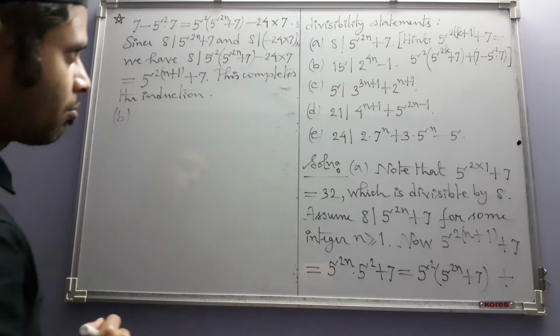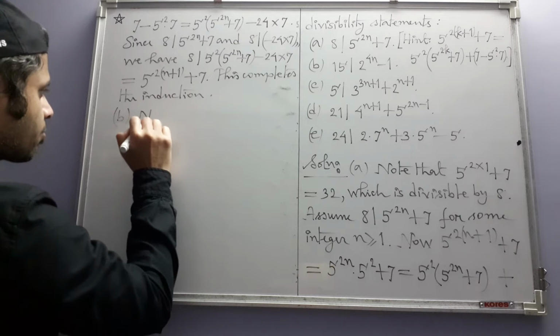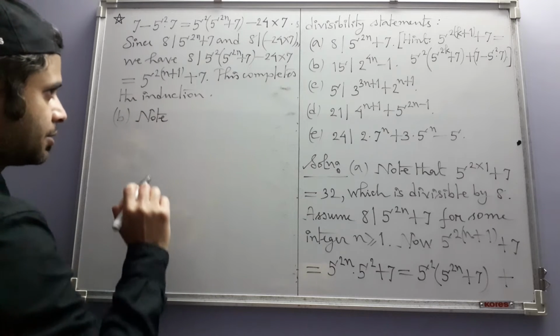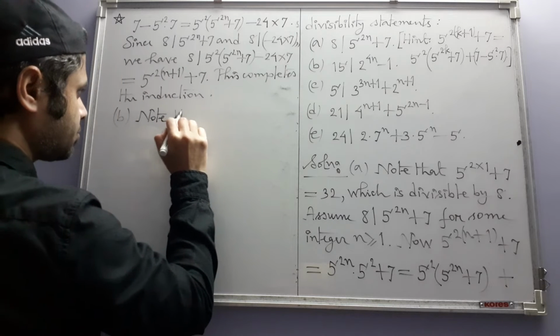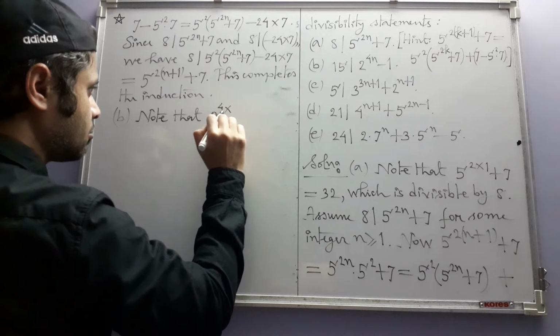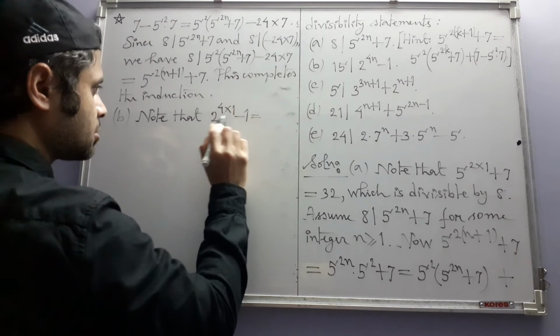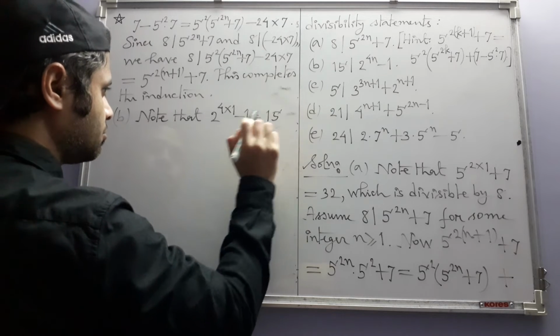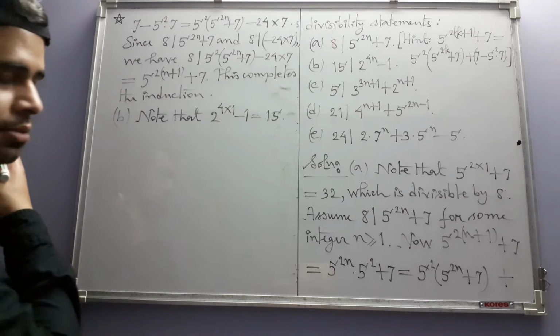Now we move to part B. Same. We first see what happens when we put n equal to 1. In this case, 16 minus 1, we get 15 itself. So that means 15 is divisible by 15.